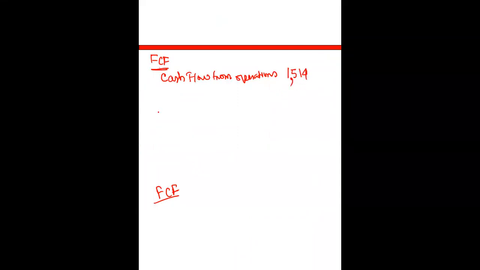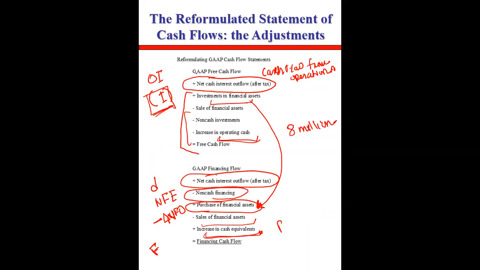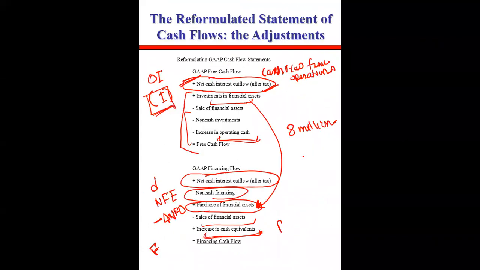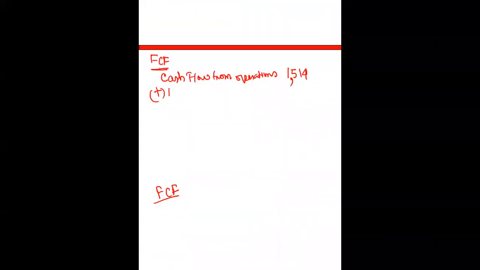Now, can you recall that I mentioned that we have to add back the interest expense net payment? We already have talked about that we have made this amount of net interest payment, 14.3. So what we will do, we'll add back the net interest payment after tax, 14 million. Okay. So what we have got from here, we have got the cash flow from operations. So this is about how much?